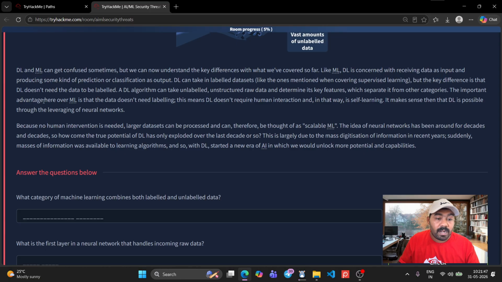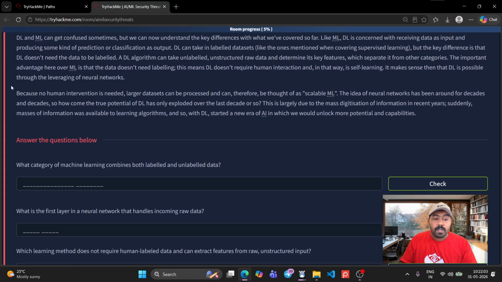The important advantage over ML is that data doesn't need labeling. This means DL doesn't require human interaction, so it is self-learning, which makes sense since DL is possible through leveraging neural networks. Because no human intervention is needed, large datasets can be processed and DL can be thought of as scalable ML.